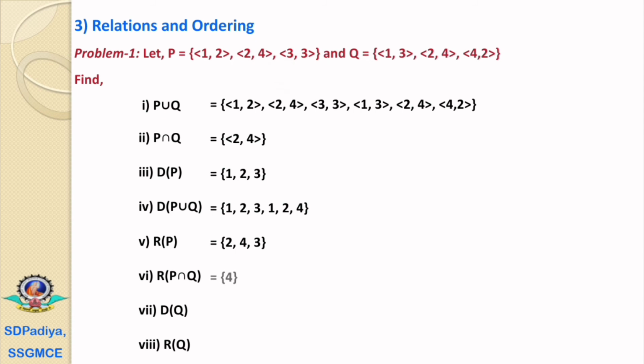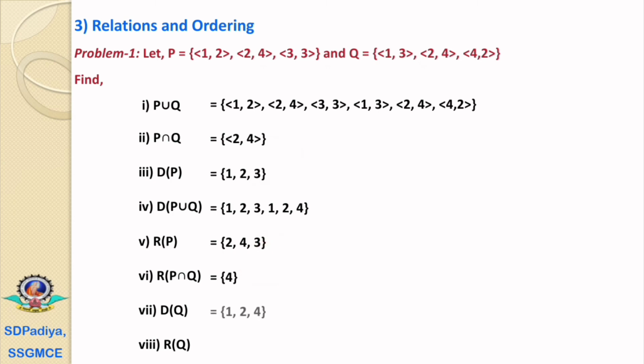The range of P intersection Q. Now what is P intersection Q? There is only one ordered pair, that is (2, 4), and the range of this P intersection Q means the second element of this ordered pair. That's why it is a set of only one element, that is {4}.